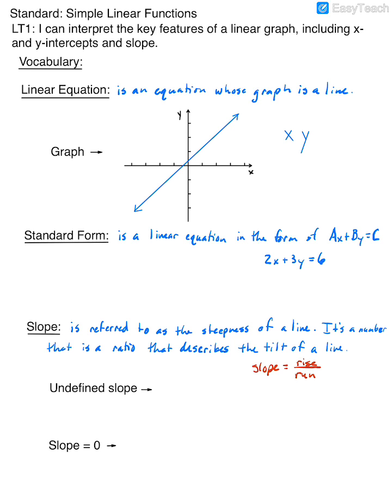There are different kinds of slopes, whether they're positive or negative. But there are two in particular that are unique. One is undefined slope. This is going to give you a vertical line.